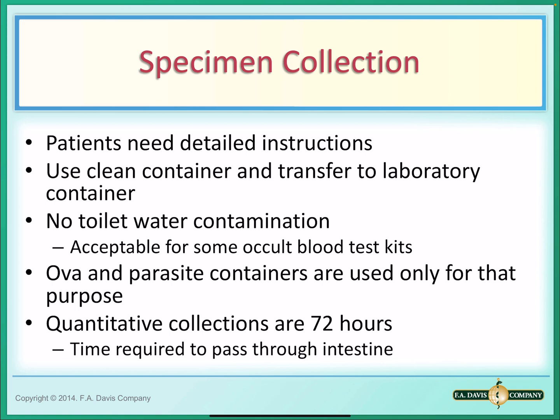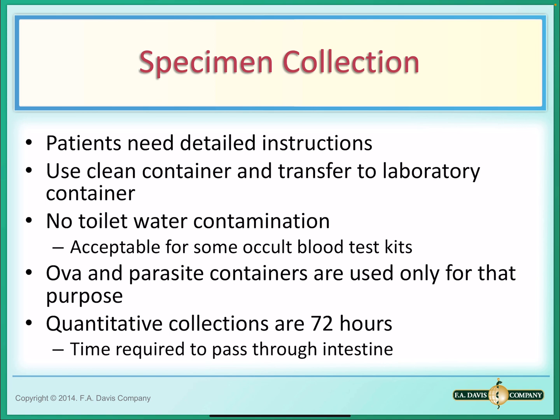These are usually collected in plastic or glass containers with screw tops, similar to those that we use for urine specimens. For quantitative testing, such as quantitative testing for fecal fats, timed specimens are required.